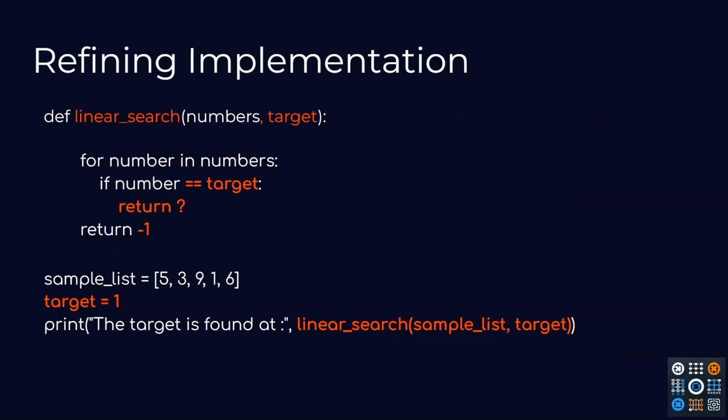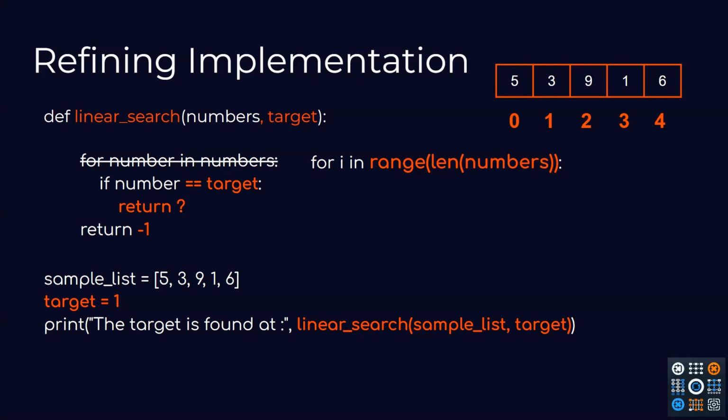Now let's refine our linear search function to make it easier to return the position of the target. Instead of using a simple for loop to iterate through the numbers, we will switch to a range-based loop. This loop allows us to work with the index directly, which is crucial for returning the position of the target in the list.